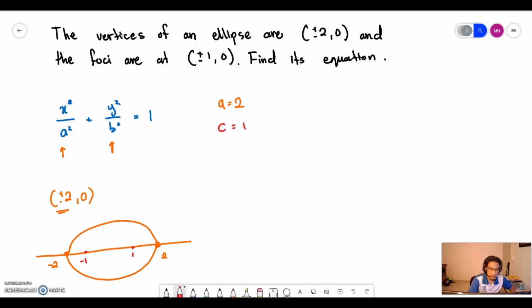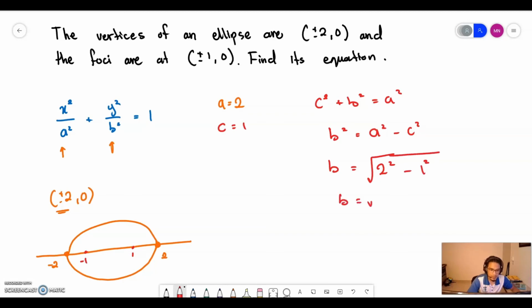So what we need to find is the value of b to be inserted into the equation. Now we use the formula of c, the equation c square plus b square equal to a square. So b square equal to a square minus c square. Now we will have b equal to square root of 2 square minus 1 square.